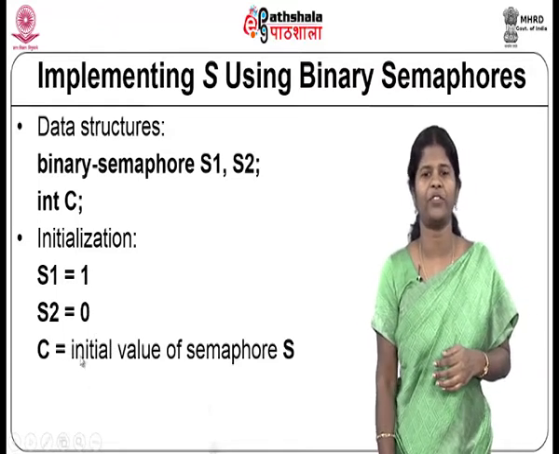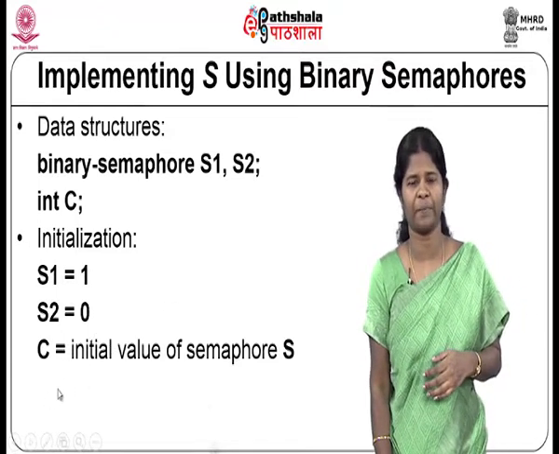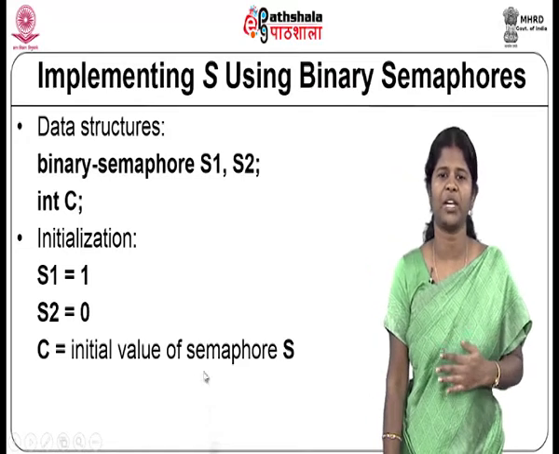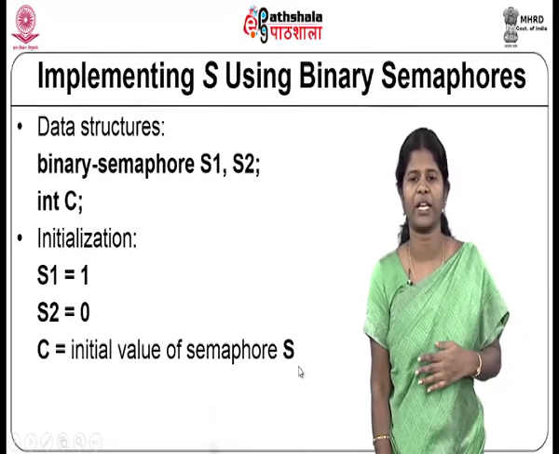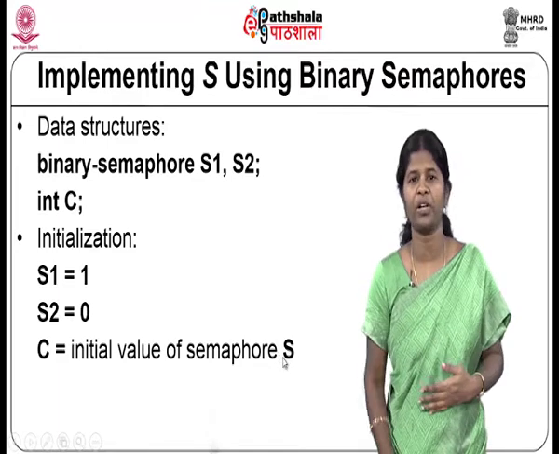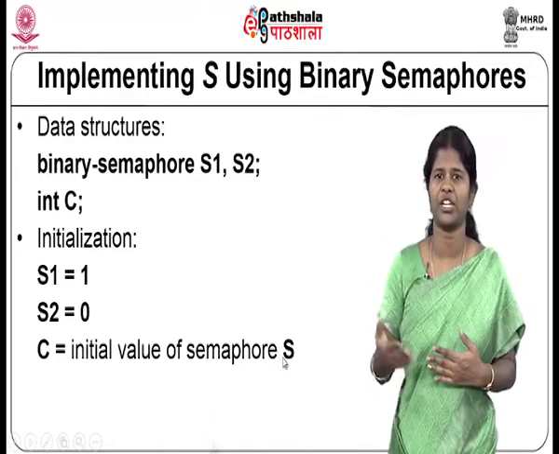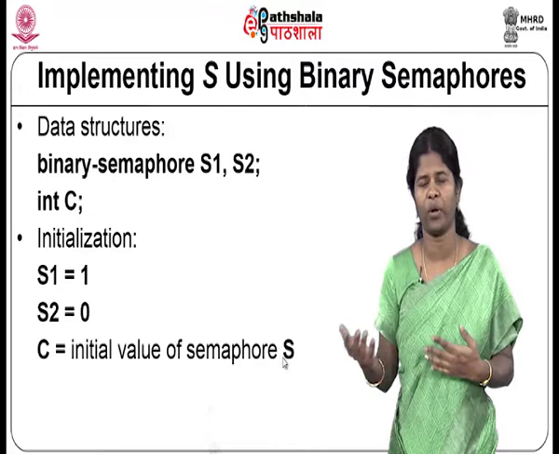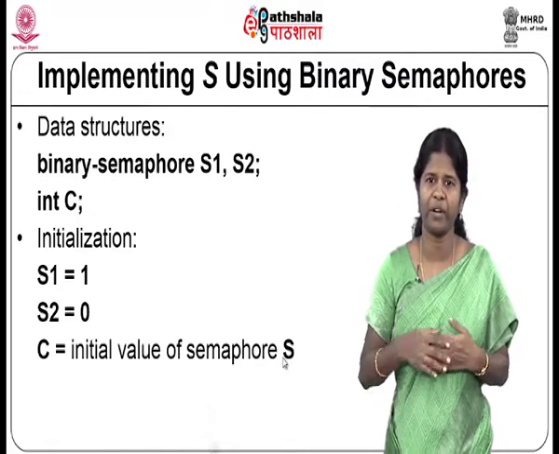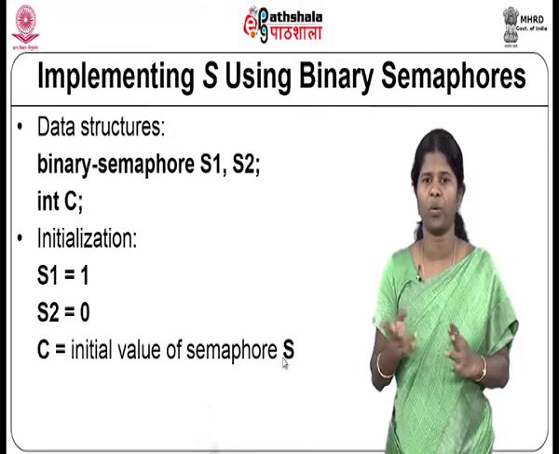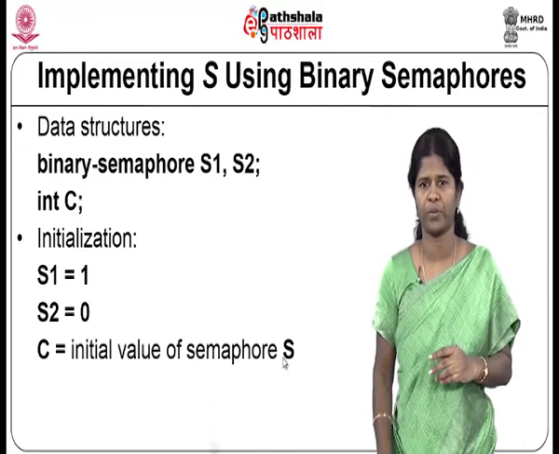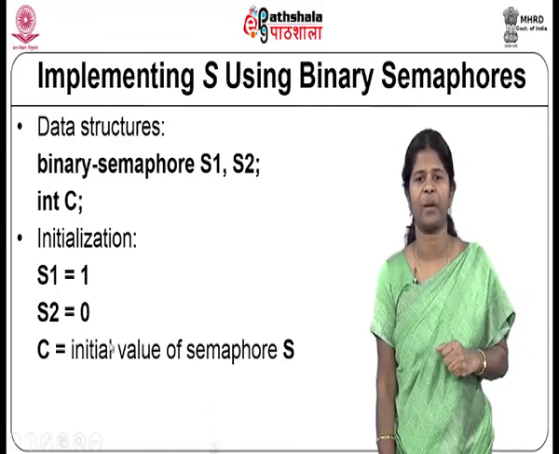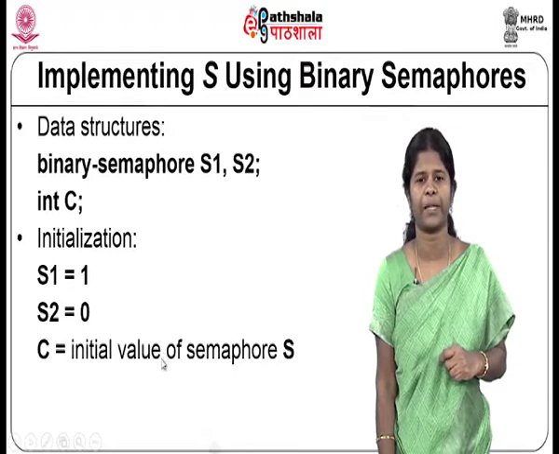The initial value of the counting semaphore S is copied onto C. The counting semaphore can take any initial value, say 4 or 5 or any number, while a binary semaphore can be only 1 or 0. The initial value of semaphore S is set to C.